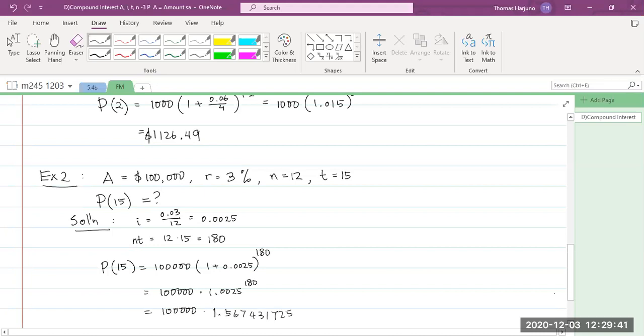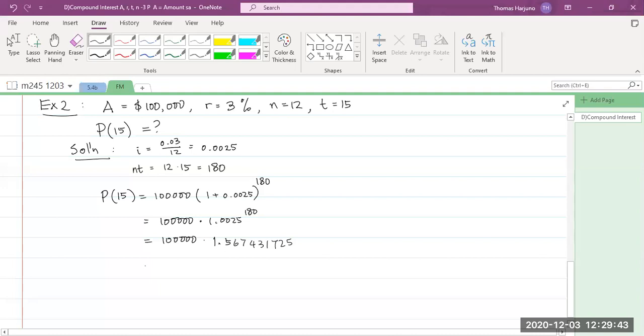I don't do rounding because I know I will multiply by 100,000. So at the end of these 15 years, he would have had this much money in that account. So this $100,000 is, we can say, equivalent to $156,000 something 15 years later.